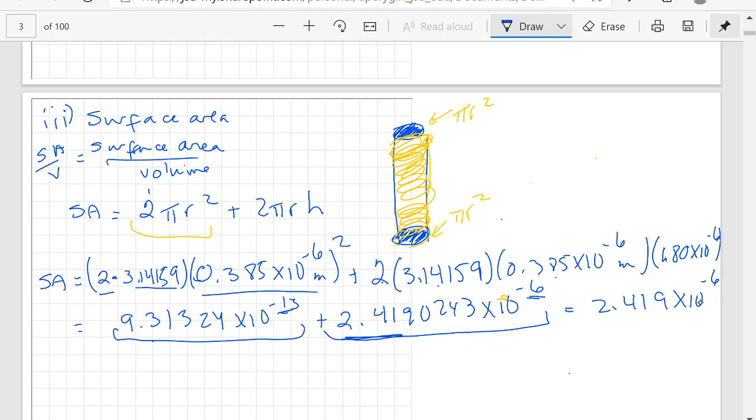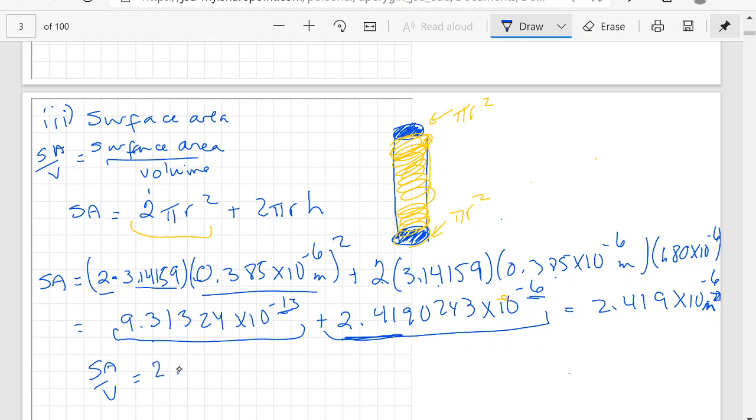Okay, and so then our surface area to volume is going to be equal to, and that is meters squared, right? That should work out to meters squared.